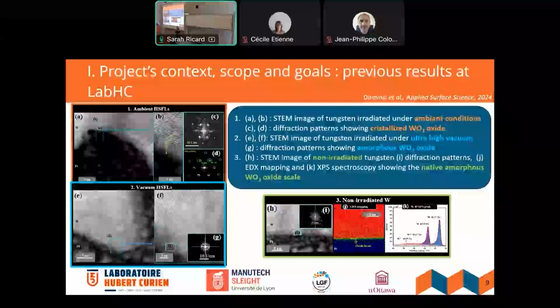So, at least for tungsten, you get a cooling that takes maybe 1 to 10 nanoseconds before it goes back to ambient temperature.